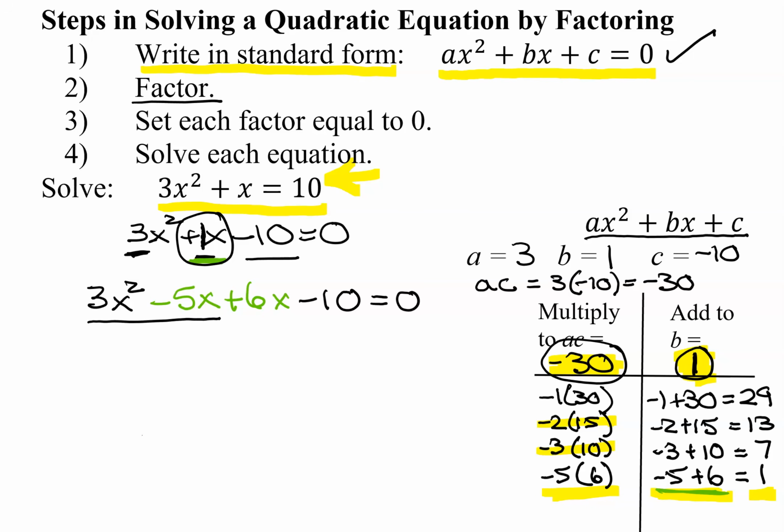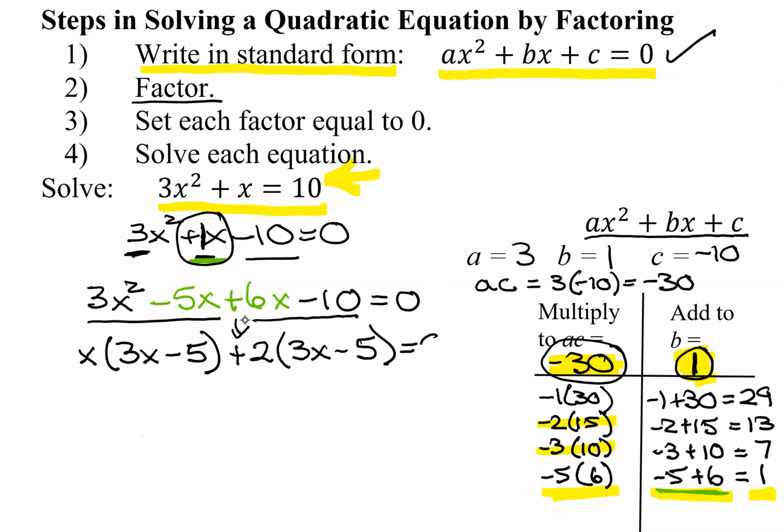So what do the first two have in common? I think the only thing they have is an x. And if I pull an x out of 3x squared minus 5x, I'm just going to get 3x minus 5. Now we bring down the middle sign, the plus. And what do the last two have in common? I think only a 2. So 2 divides into 6x 3x times, 2 divides into negative 10, and it's going to give me 3x minus 5.